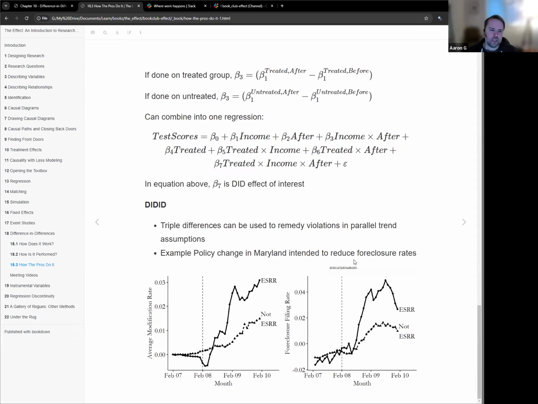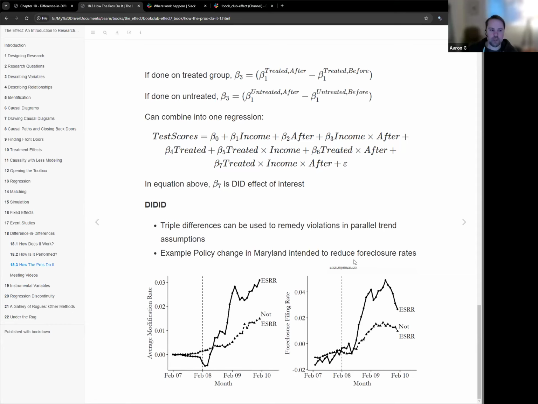And so what is described as a solution here is we have data both on servicers that were subject in Maryland to these new policy requirements and ones that weren't. And so essentially you're doing a DID with the mortgage servicers that were subject to the program against non-Maryland states, and then doing another DID with the control group, which is not subject to the requirements.